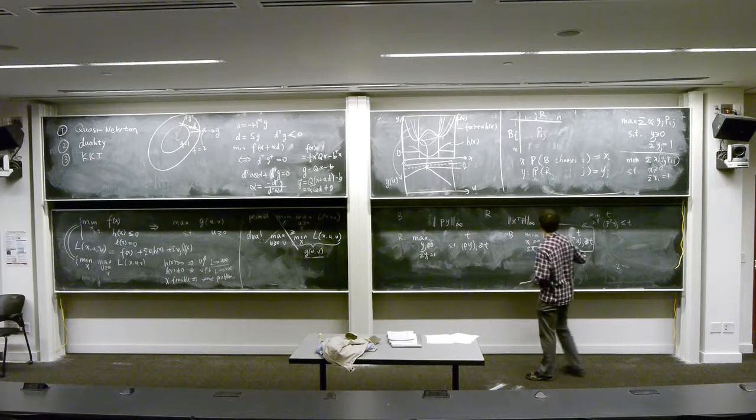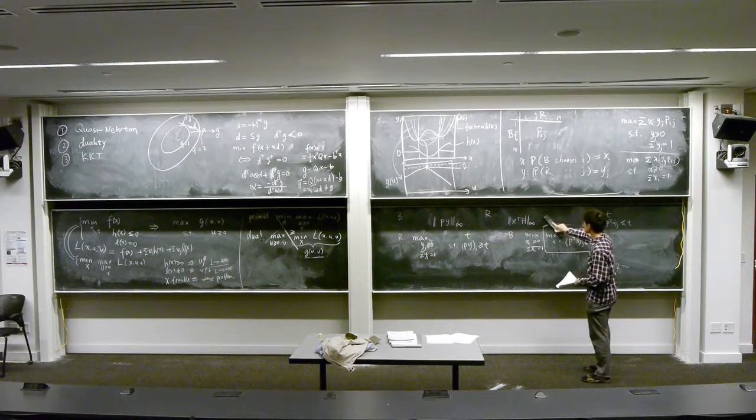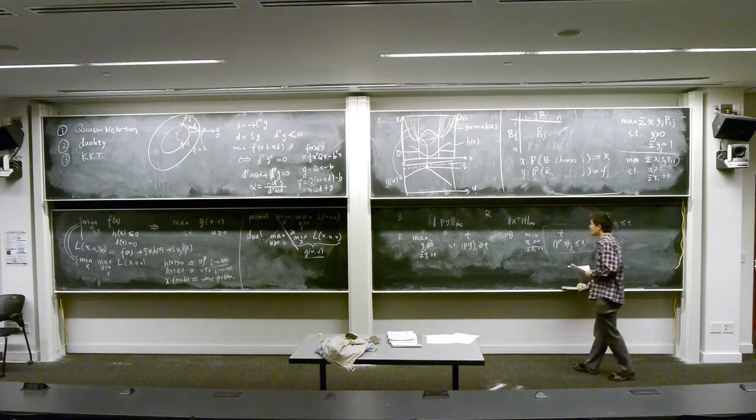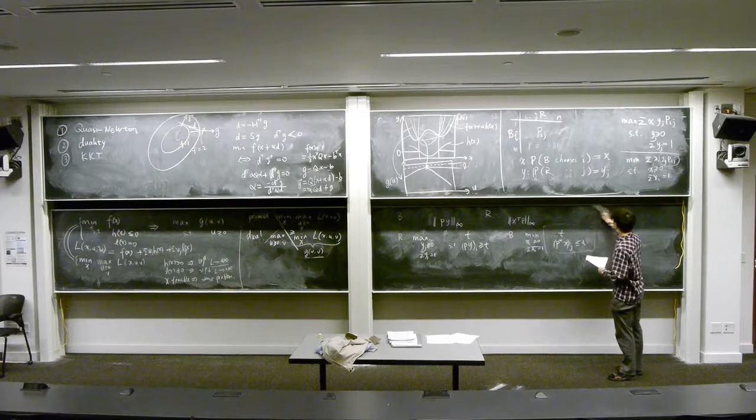And here, I want to minimize t. Minimize t such that p transpose x j is smaller than t. Am I right?